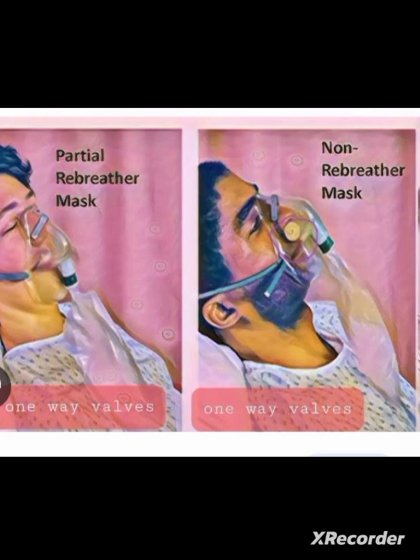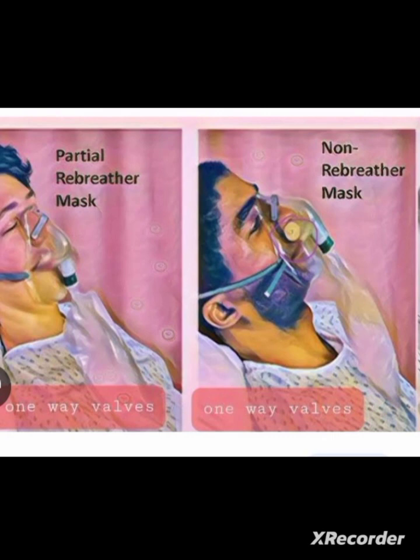In the case of the non-rebreathing mask, higher O2 concentration can be delivered accurately. O2 flows into the bag and mask during inhalation, and this valve prevents expired air from flowing back into the bag. It is good for patients needing higher O2 concentration. This bag should not be allowed to deflate during inspiration.